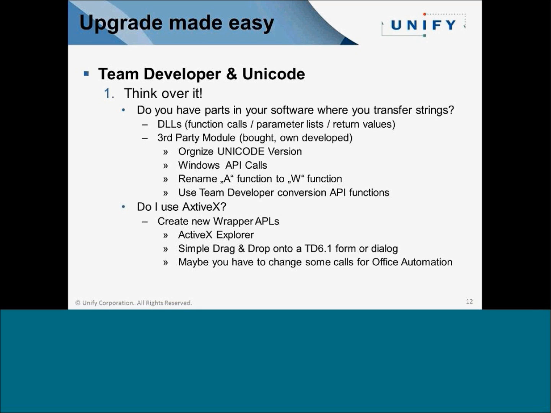And you can use two of our API functions inside Team Developer, and the job is done at this point. But again, you're talking to a non-Unicode environment, excuse me. So this is definitely better to find the Unicode version of this third-party DLL.